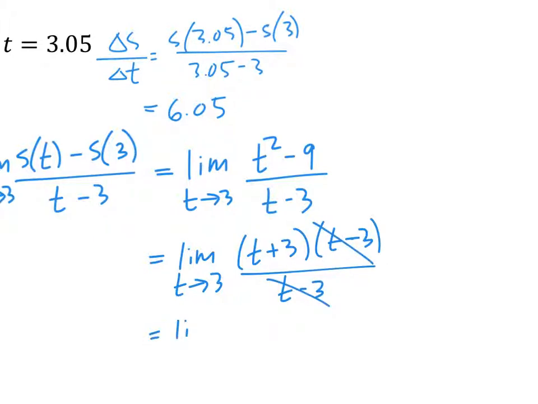So limit as t goes to 3 of t plus 3. Now, can I plug in 3 and not get something with a 0 in the denominator? Yes. So that is 6. That's how we get 6. Okay? So when we are trying to bring t really close to 3, this whole thing becomes 6. And then when we evaluate it with this limit notation, we do get 6.